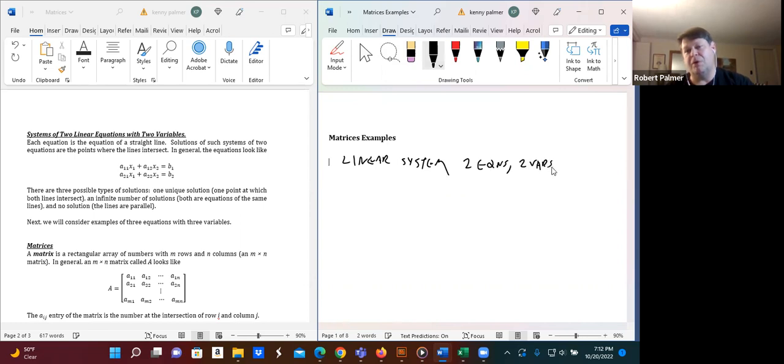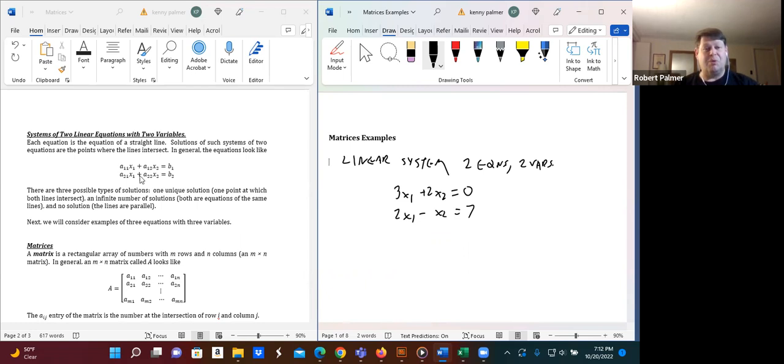I'll just abbreviate each one of those. Let's do a basic example, one we'll actually work with in the future. It looks something like this. 3x1 plus 2x2 is equal to 0. And then 2x1 minus x2 is equal to 7. So this is a system like this.